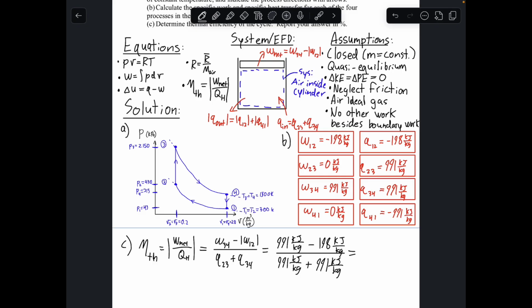And so if you evaluate this in your calculator, you should get about 0.4, and they want it in percentage, so our final thermal efficiency should be about 40%. And this will be our final answer.